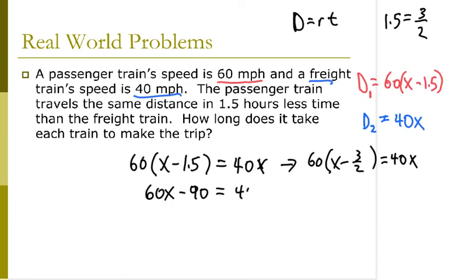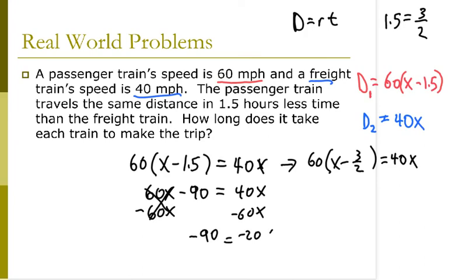Normally we would eliminate the smaller of the two variables, but it's going to create an extra step. So in this case, because the 40x is by itself, I could subtract 60x this time from both sides of our equation. When we do, these are going to eliminate, and we're going to be left with negative 90 on the left side and negative 20x on the right side.